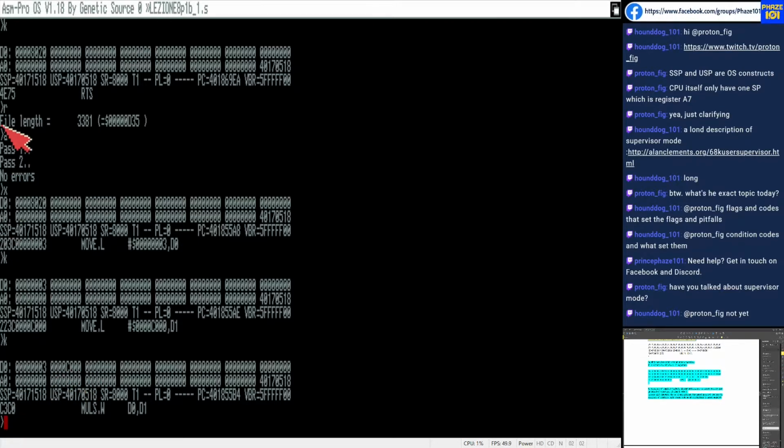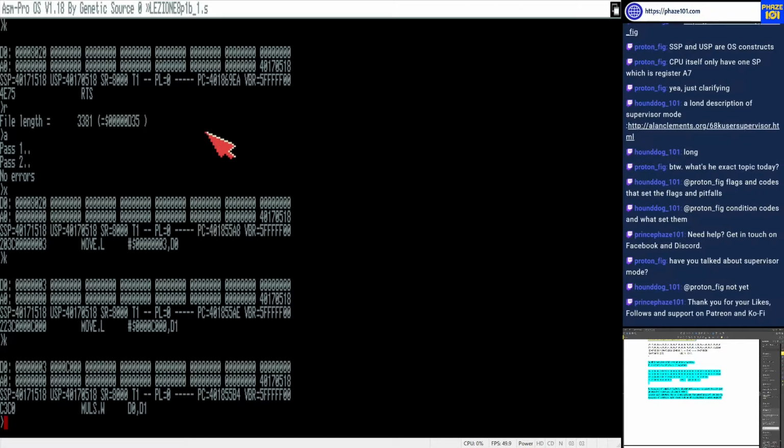Now we're going to multiply what we have in D0 with D1, and the result will be stored in D1. Notice what's going to happen.